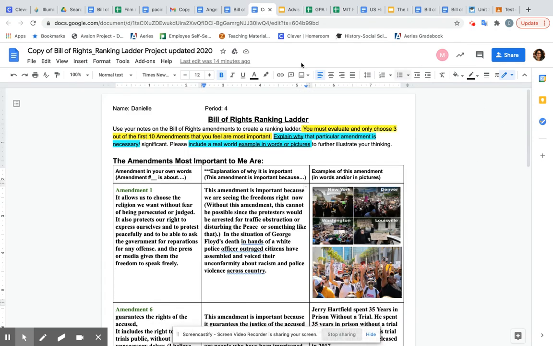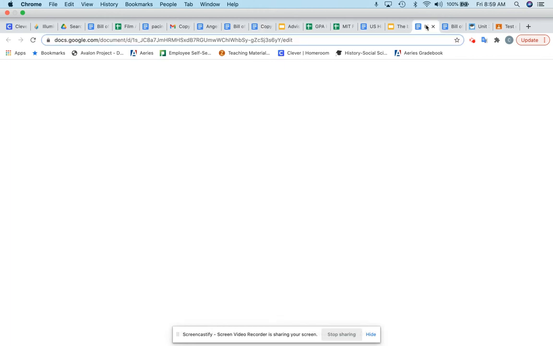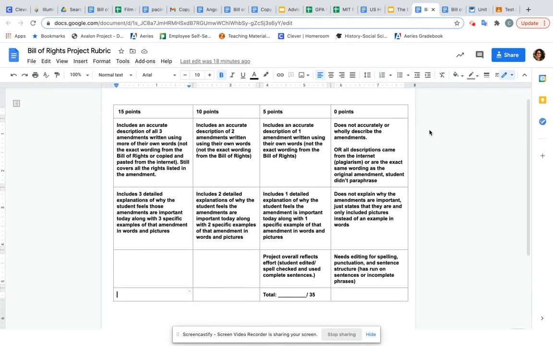So those are some examples. The rubric, let me click on here. The rubric is linked on your project document, and it's basically just going over that you have three amendments that you described in your own words accurately. They have to be accurate descriptions.